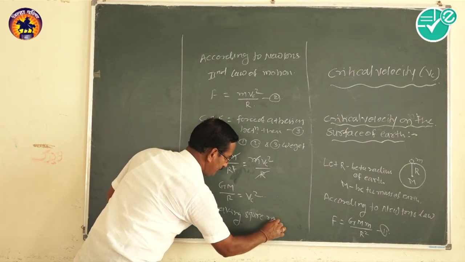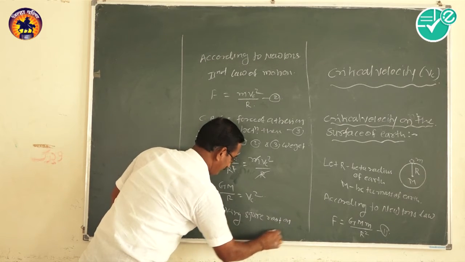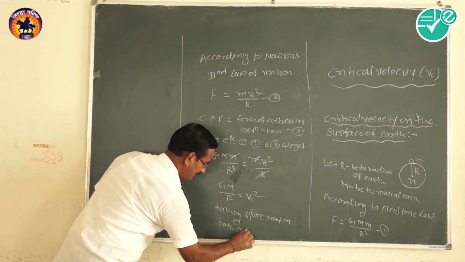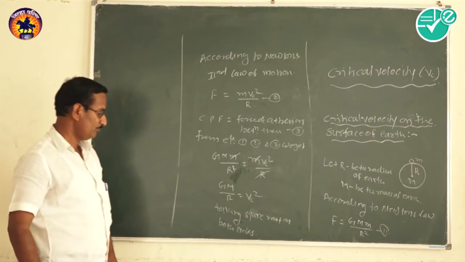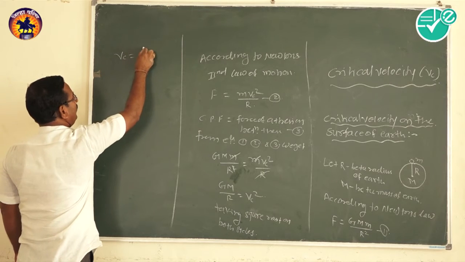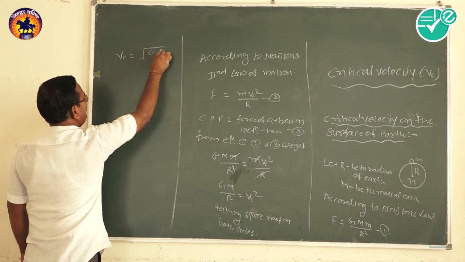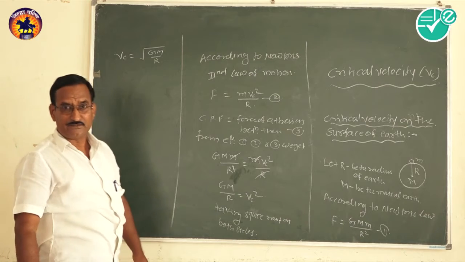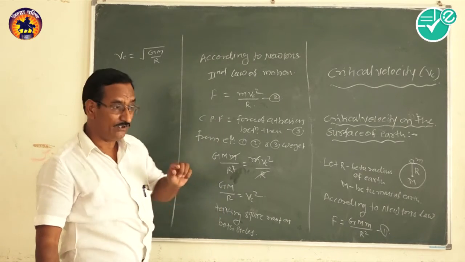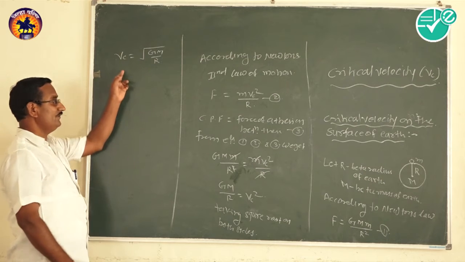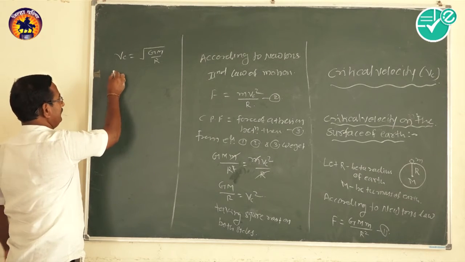Taking square roots on both sides, vc is equal to under root G capital M by r. That is the critical velocity of any body or satellite on the surface of Earth.